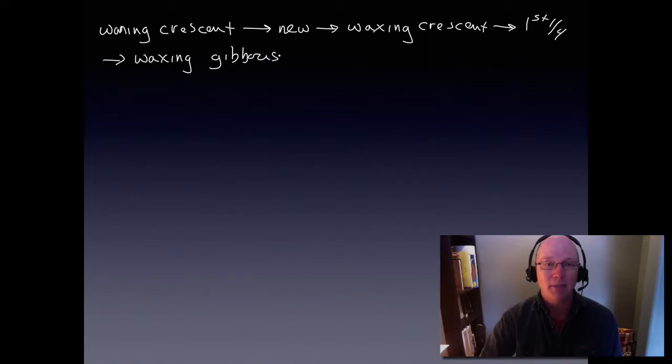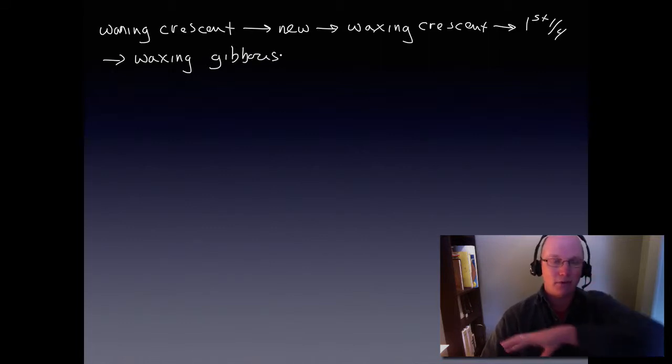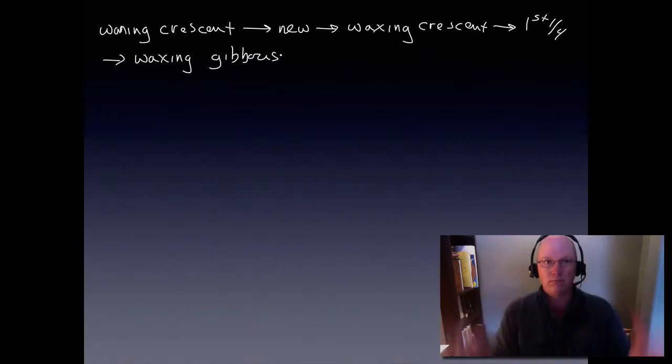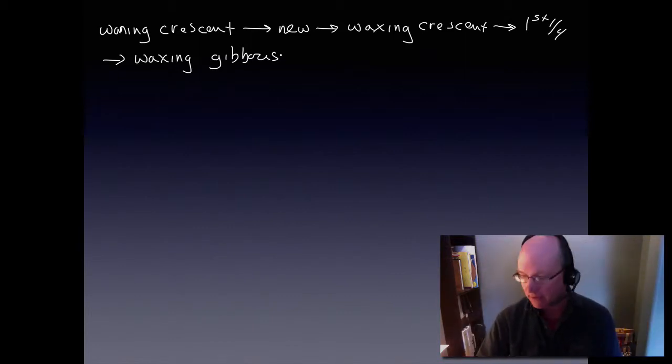By the way, gibbous, I think, is Latin for round or a hump. So if you know any Latin, that might help. Waxing gibbous goes to the full moon, right?